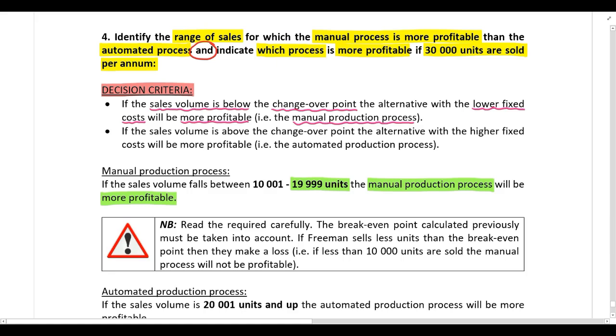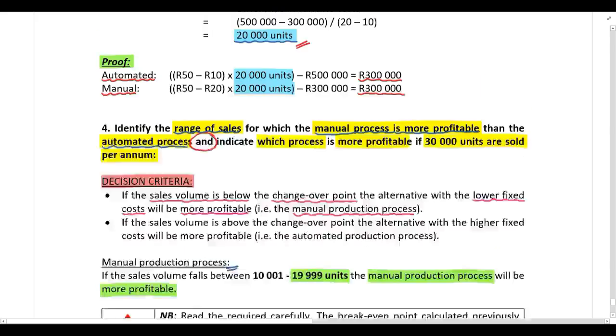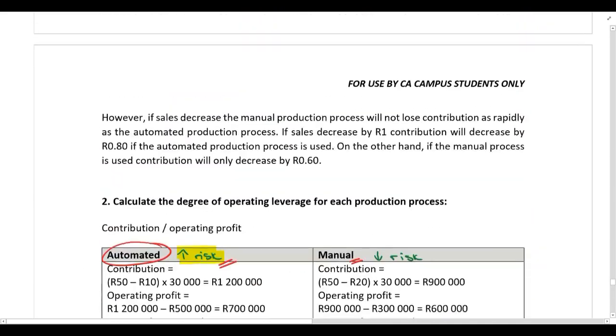Obviously the break-even point is going to affect this because you need to identify the range of sales for which the manual process is more profitable than the automated process. And obviously, if the company sells less units than the break-even point, then this process will not be profitable. So you need to go back to your break-even point calculation.